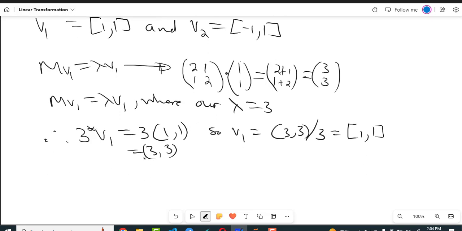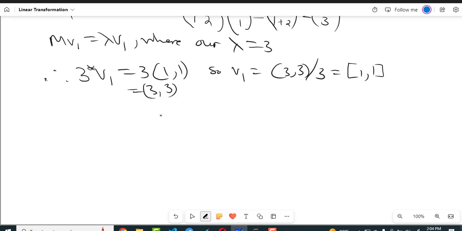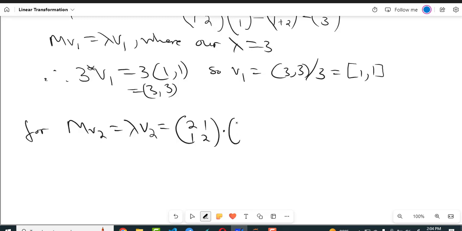The same applies if we do V2 for the eigenvalues and eigenvectors that we are given. We can say MV2 is equal to lambda V2, where our matrix is 2, 1, 1, 2, and we multiply by V2, which is (-1, 1).